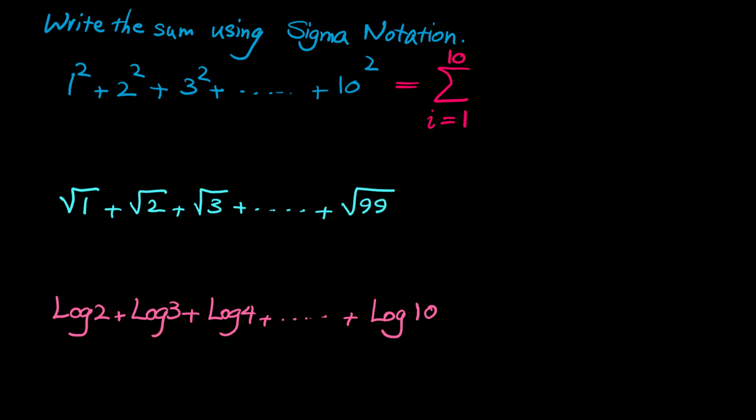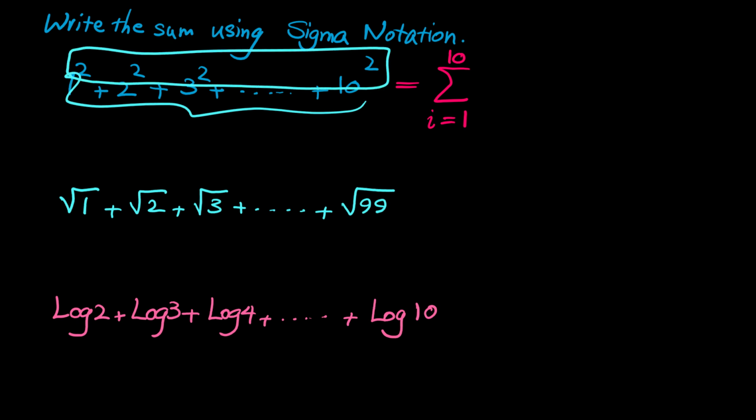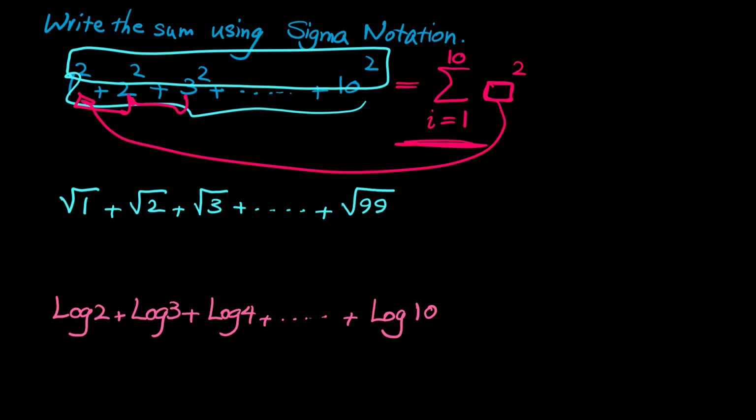In all of these terms, the power is always 2. It's not related to i. So I put a power 2 here. Now, this box, as you can see, changes. It's 1, then it is 2, then it is 3, then it is 4, and finally it is 10.